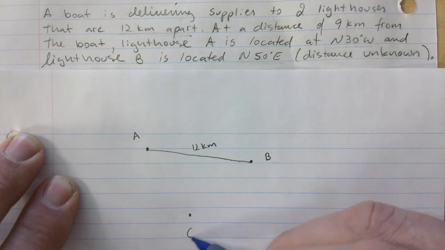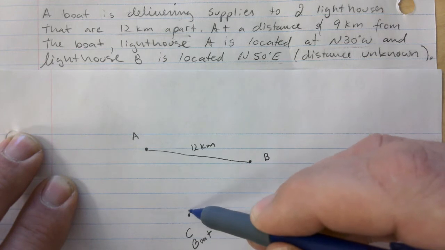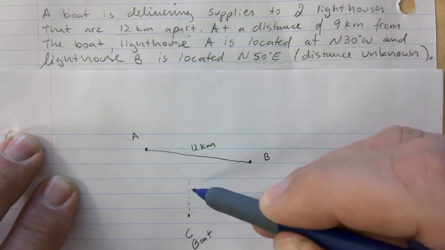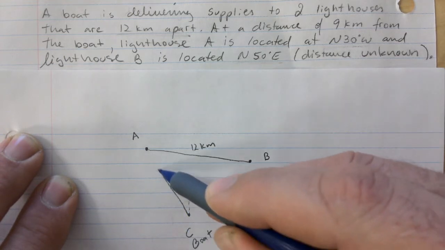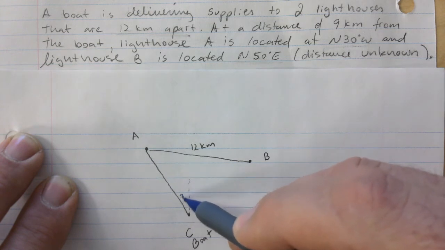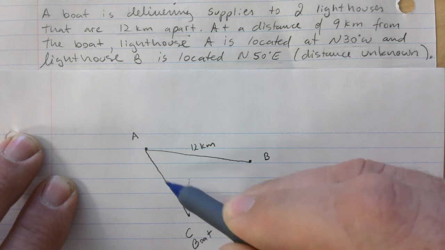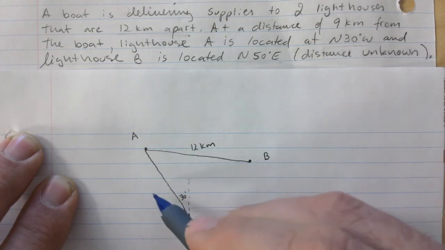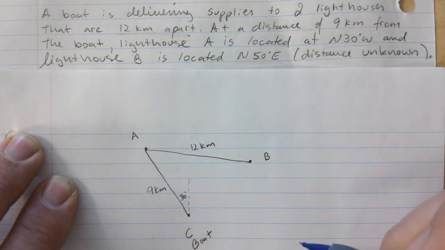We're going to call this C, this is the boat. It gives you a compass direction, so I start with north, 30 degrees west. So it turned west by 30 degrees. I know that the angle formed between the north dashed line and the actual direction is 30 degrees there. We're also told that the distance is 9 kilometers. There's our diagram.